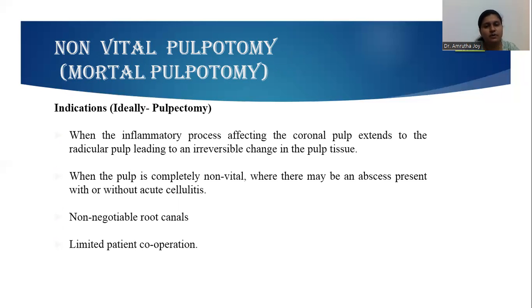The ideal treatment option for such a tooth is pulpectomy, that is complete removal of both coronal and radicular pulp, obturation with a proper obturating material in the radicular portion, and then restoration. But in some cases, like if the canal is non-negotiable or patient cooperation is very limited, we can consider mortal pulpotomy.